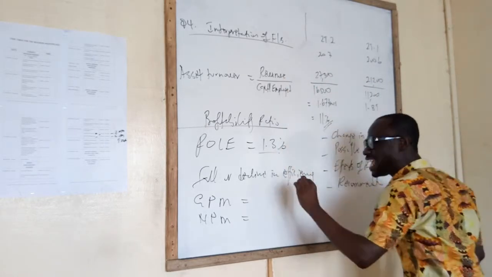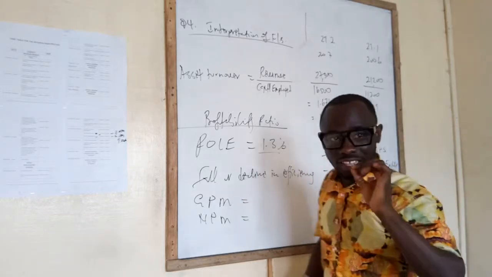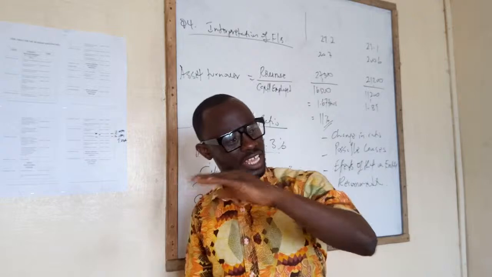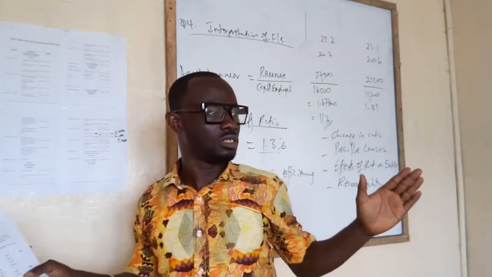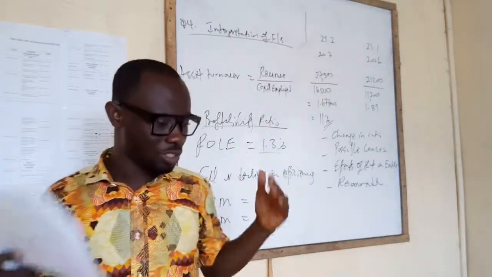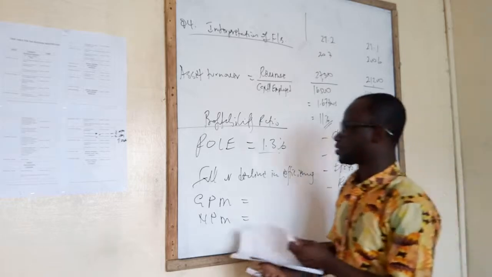So substantially, they are incurring the same cost this year as they incurred last year. That is why their net profit margin and gross profit margin are not changing. I hope you are getting the idea. So that is what we can talk about in relation to that.